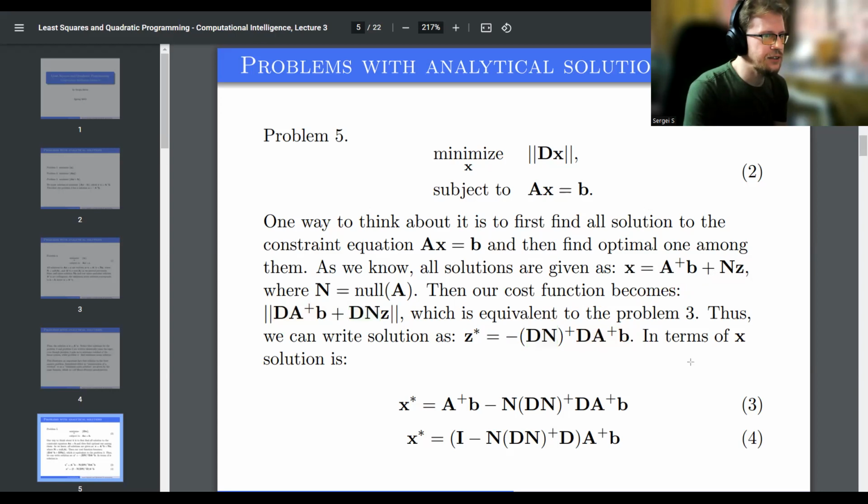So x is equal to, well, let me again erase everything and show you how it's done. So x is equal to this part here. Let me maybe be more careful. This part here, right? Plus N times the whole solution to the previous equation. So this is the solution to the previous equation. And don't forget the minus sign, of course.